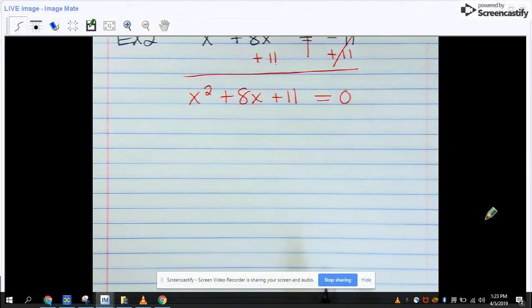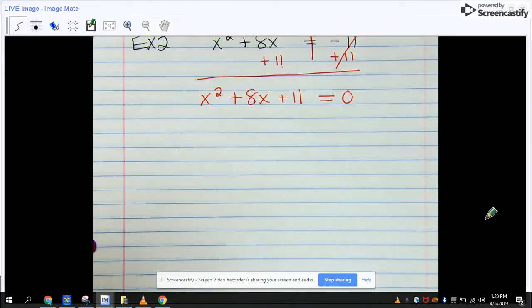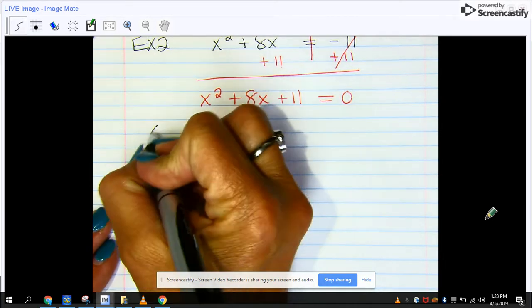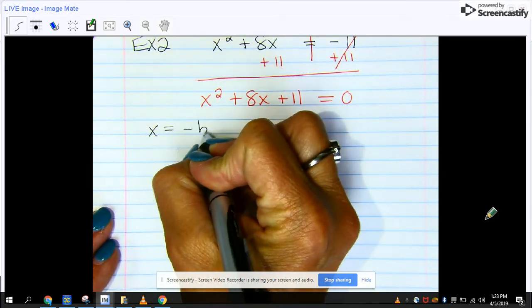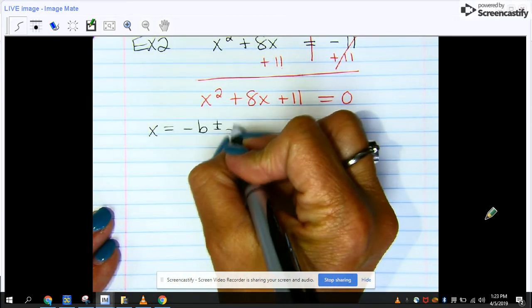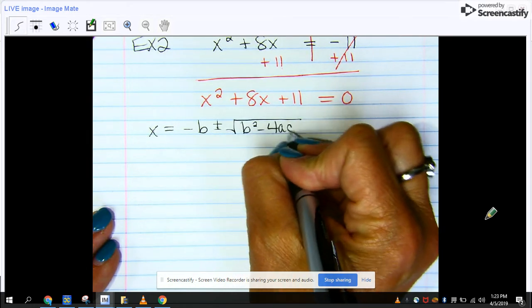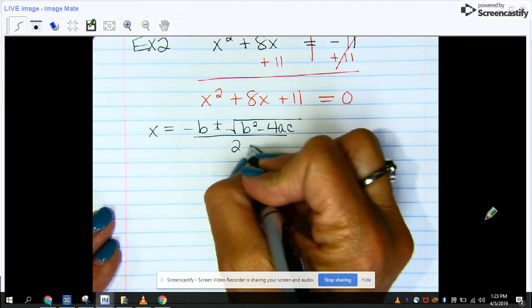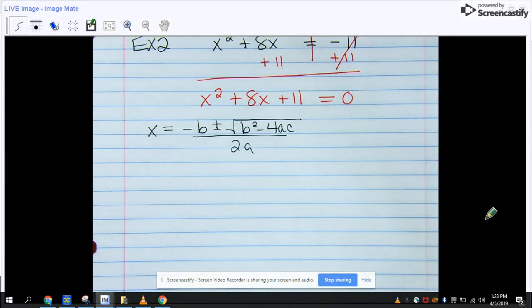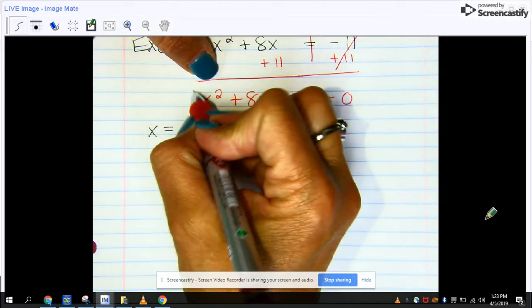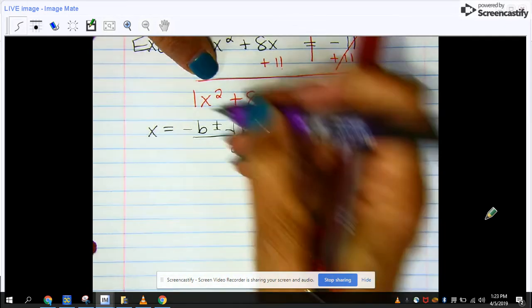Not too much. So we're going to plug it into the quadratic formula, and sometimes it helps to write it out again. It's easier and you're not going to miss anything. Opposite of b plus or minus the square root of b squared minus 4ac all over 2 times a. So I'm going to replace my a is 1, my b is 8 and my c is 11.